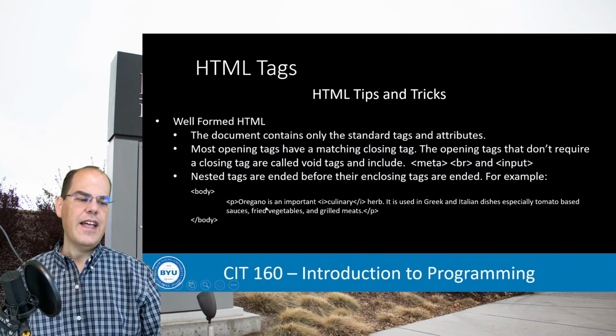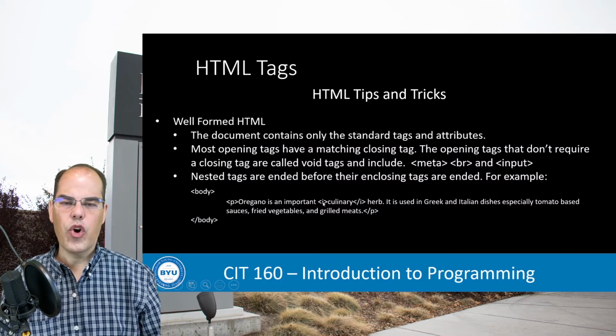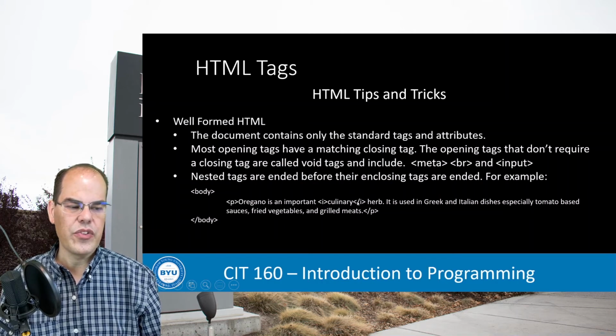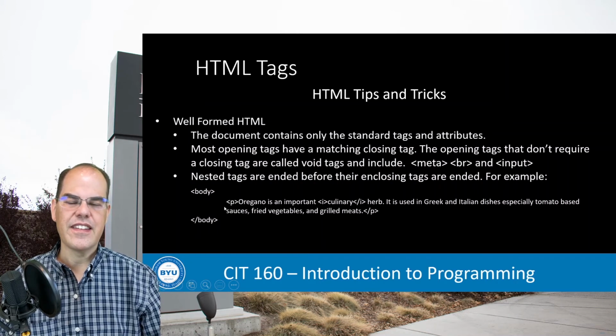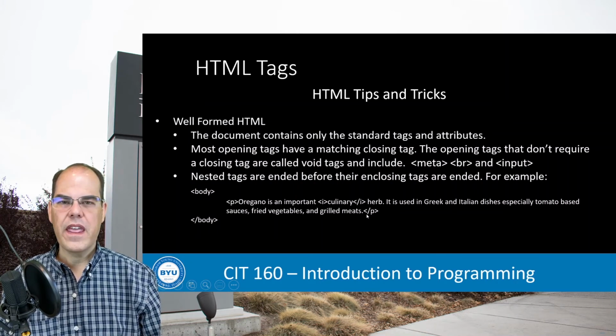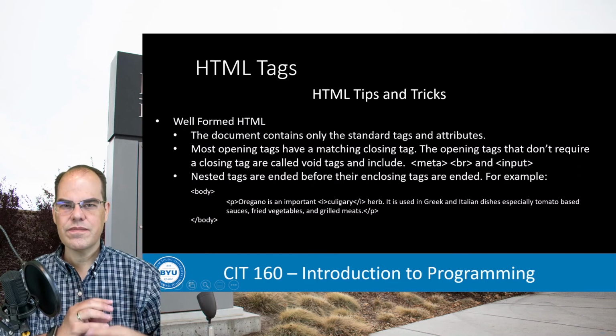All right. And then you have italics here with an opening I tag and a closing I tag. So in this case, you have three nested tags. You have your body tag, and inside the body tag, you have the paragraph tags right here. And inside the paragraph tag, you have an italics tag. All right, so they can nest inside of each other.